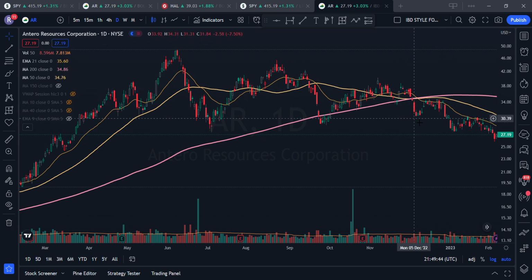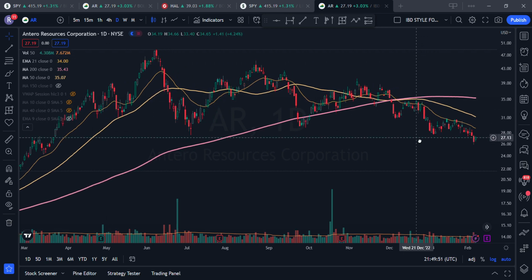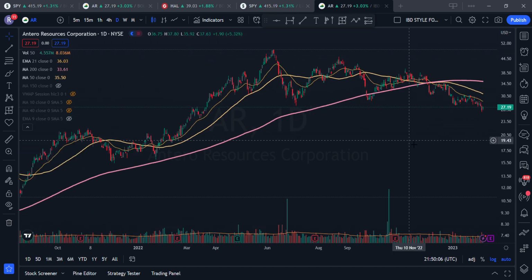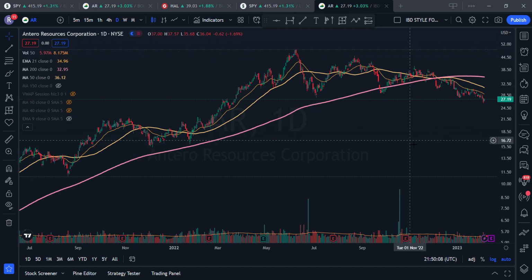So it breaks down and then rallies back into the moving average. That's where you short it. And once you have taken your short position, you want to ride it down with the 21 EMA, and you probably want to keep your stop somewhere behind the 50-day moving average. The stock is basically doing the same thing.